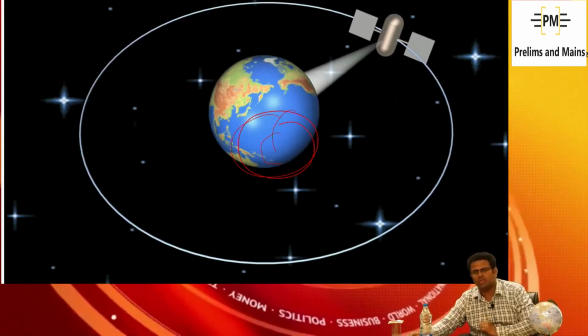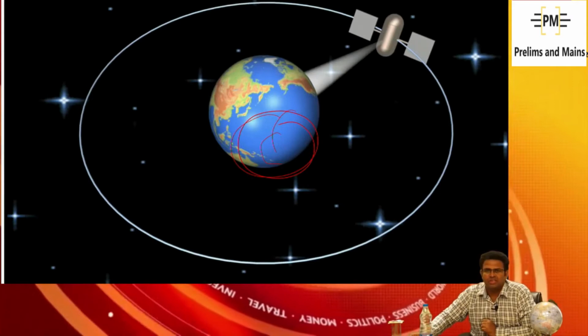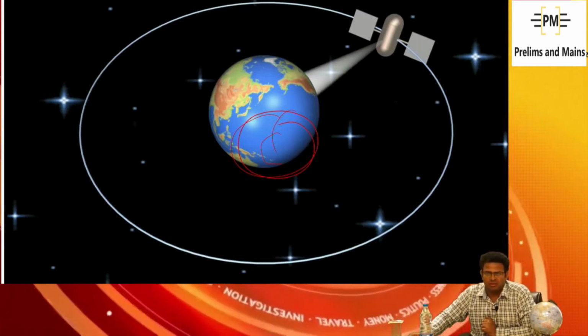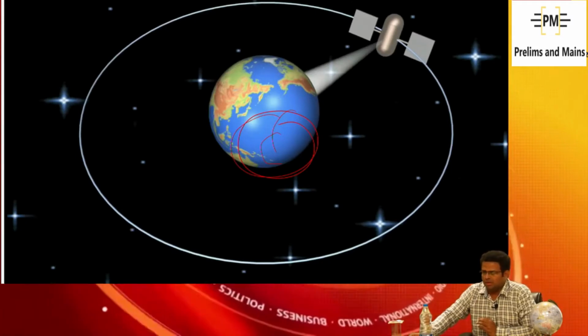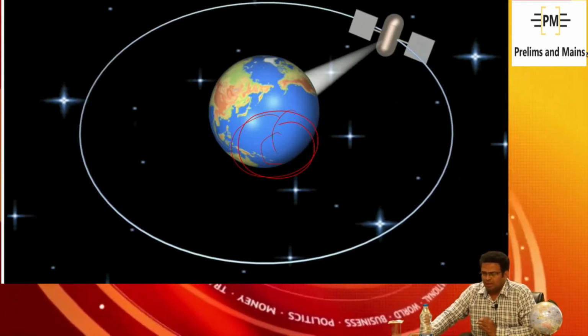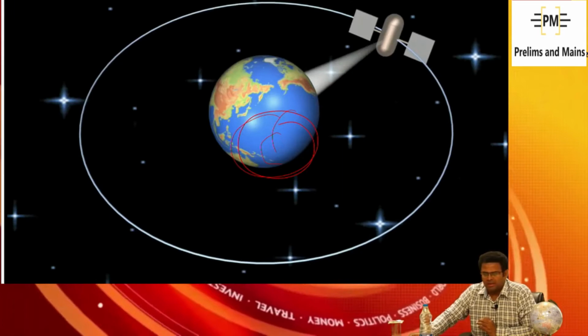Therefore, such geosynchronous satellite is known as geostationary. Getting my point?